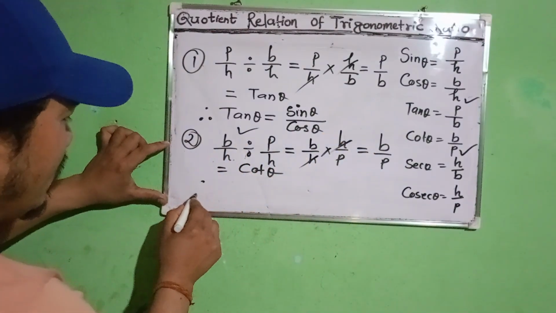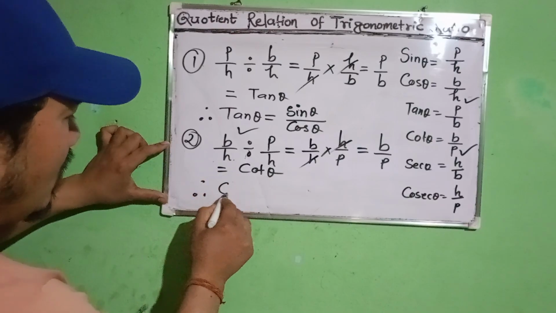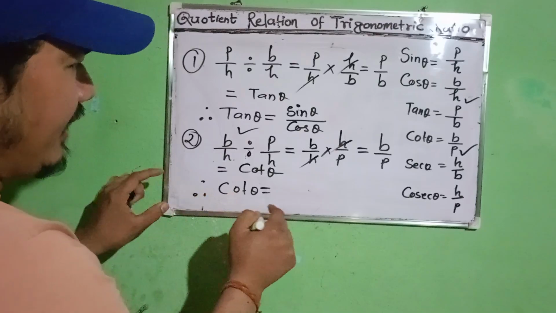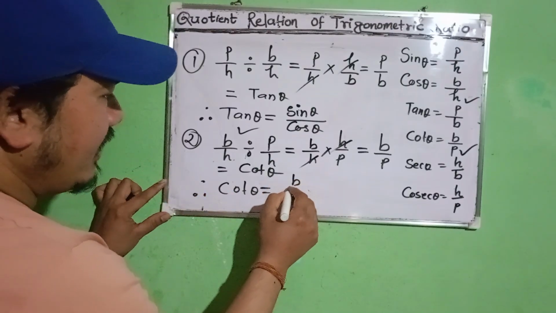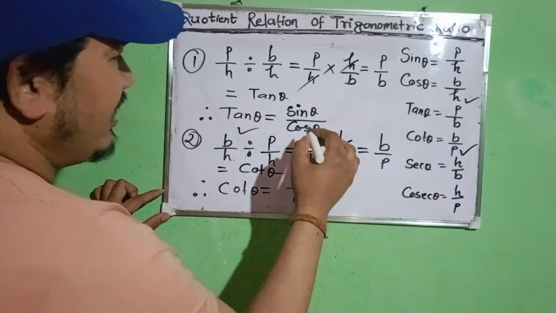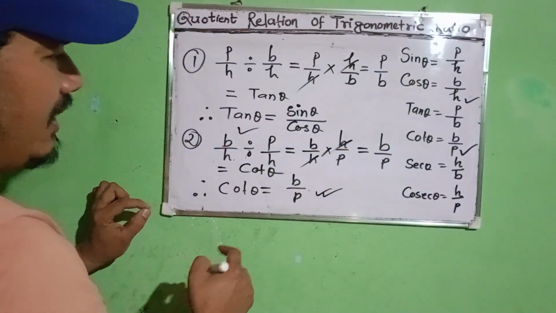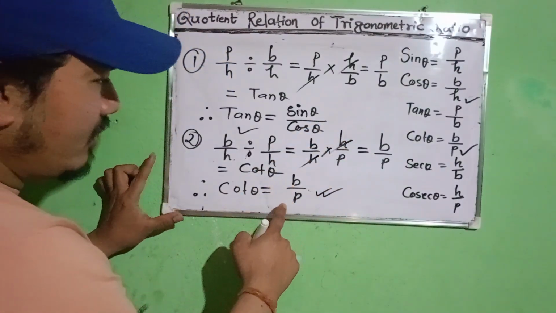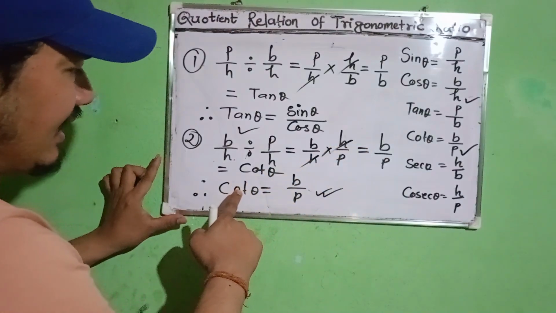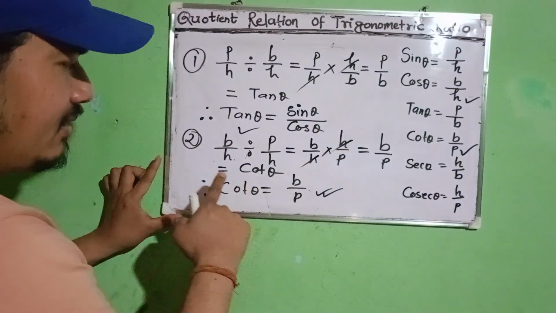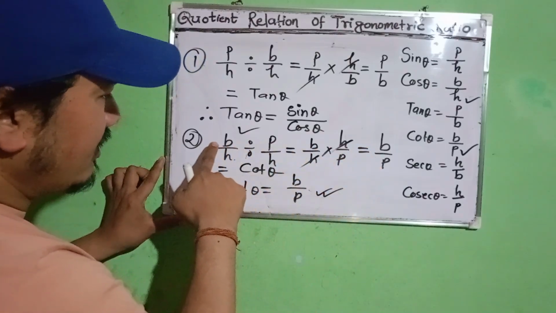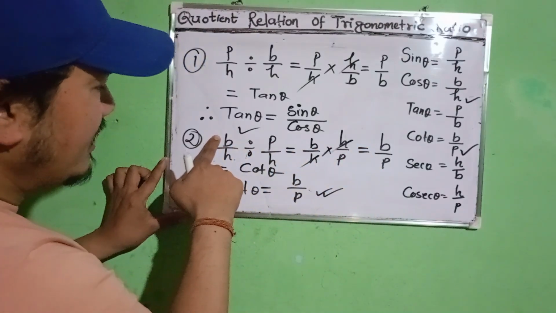Therefore, what we derived here: cot theta means base by perpendicular. This is a very, very important thing. Cot theta equals base by perpendicular. This base by perpendicular was obtained when we divided base by hypotenuse by perpendicular by hypotenuse.